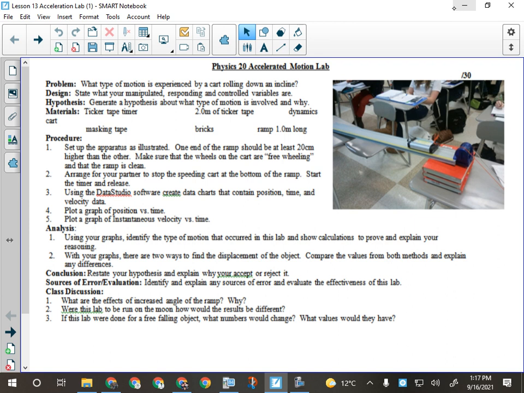Now, we need three control variables. What are some things that are going to stay the same? Obviously, we're not going to talk about the angle because we said earlier today when we gathered the data, the only reason we changed the angle of the ramp is just so we would get two sets of data. We're not actually comparing the two data sets or anything like that.